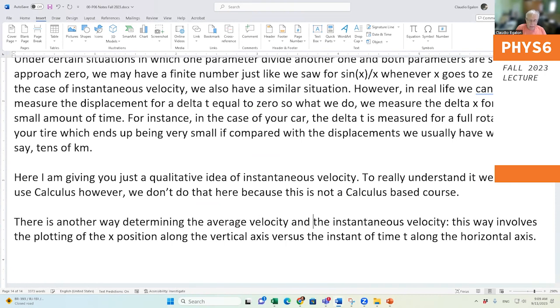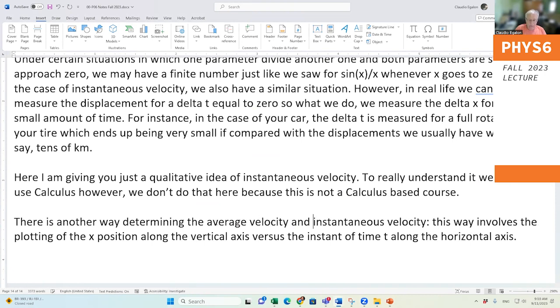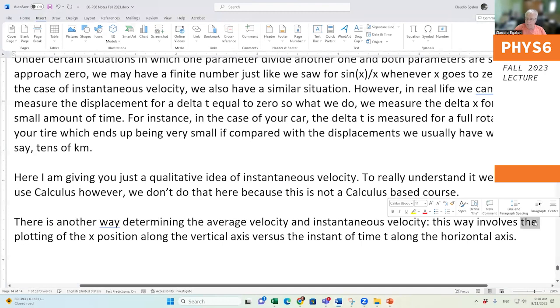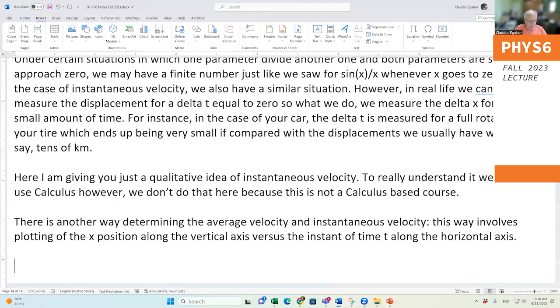This way involves plotting the x position along the vertical axis versus the instant of time t along the horizontal axis. So let's look at the average velocity first.